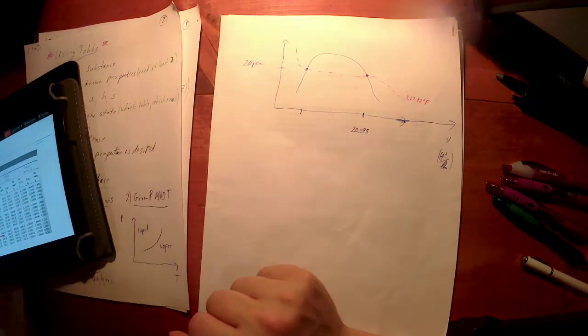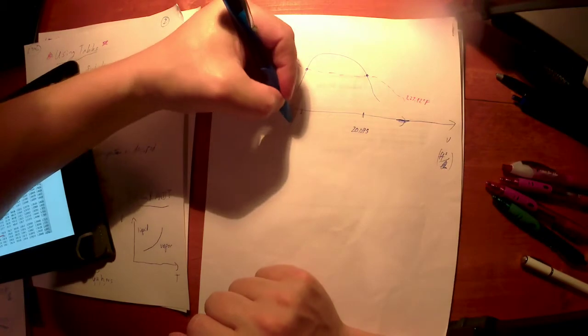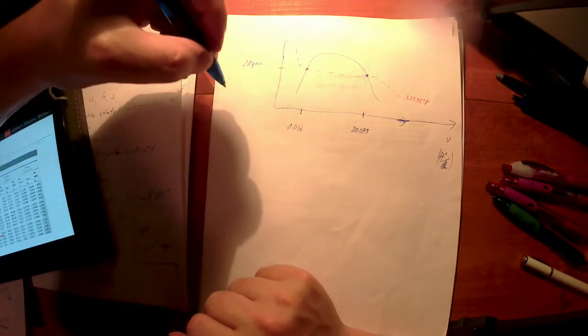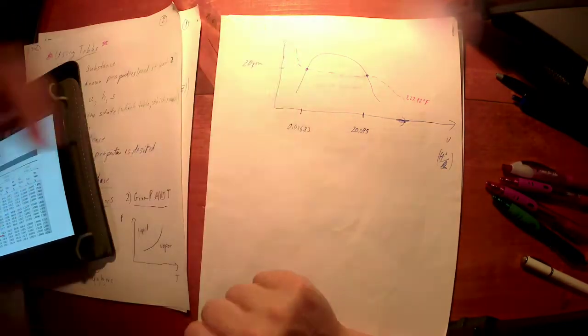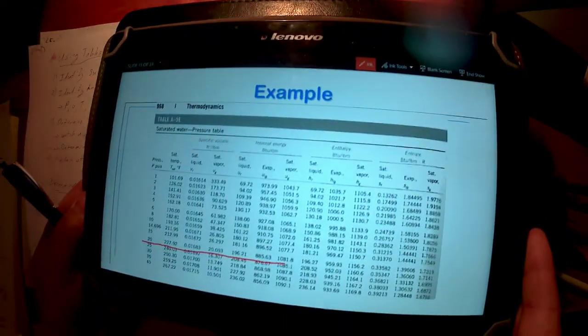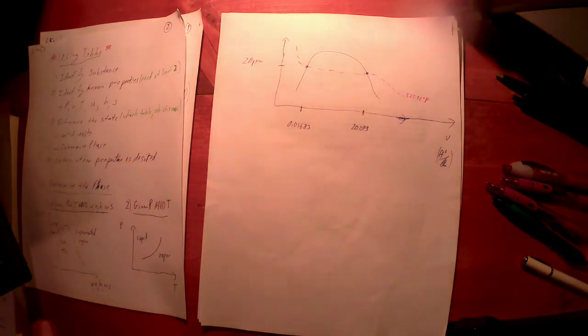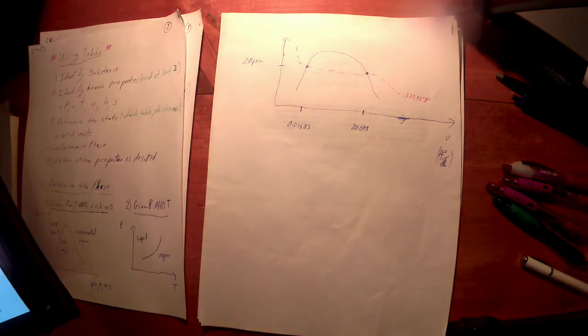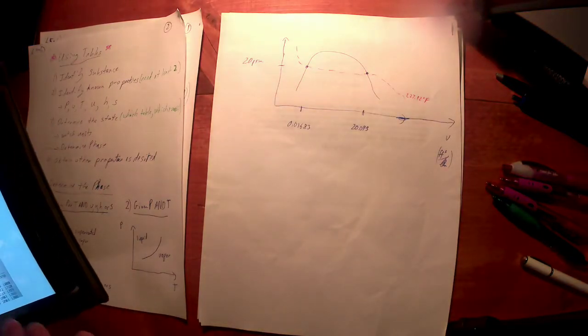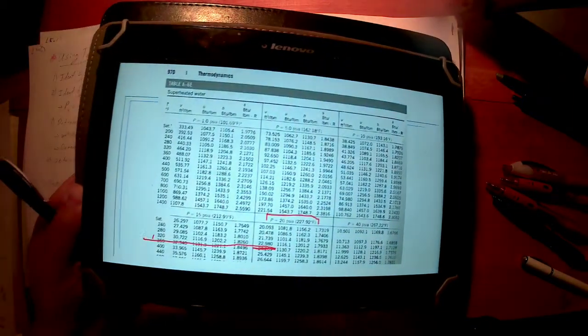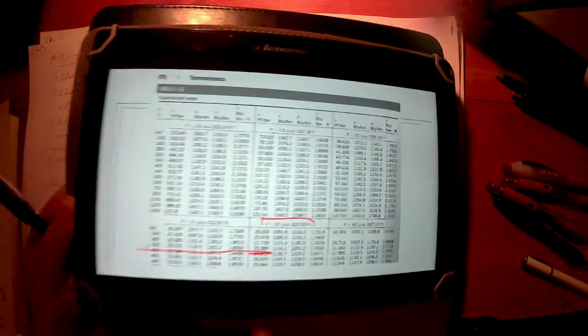Back over here, the saturated liquid value is 0.01683. I'm not making that up. That's here on the table. You can see right there. And then you say, well, that doesn't match what we have. What we have is over here at 320. I've got 22.98.